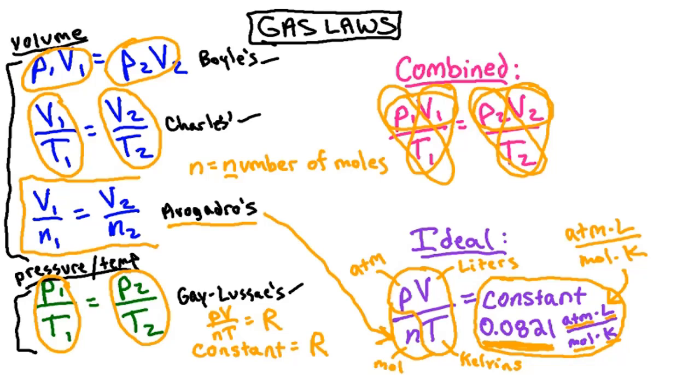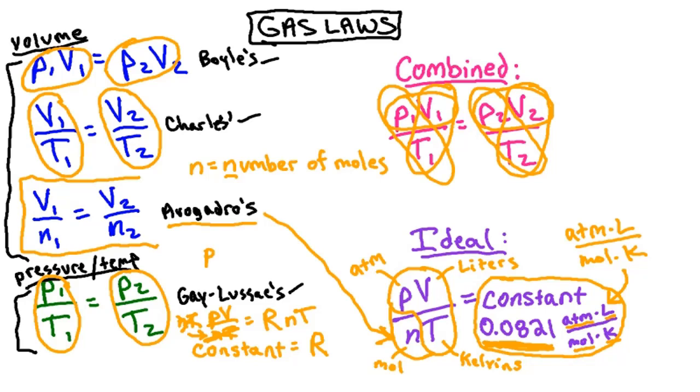So you can rearrange that algebraically. If you want to get rid of this nT on the bottom of the PV, you can just multiply both sides by n times T, and these will cancel each other out on this side, and you will end up getting PV equals RnT.